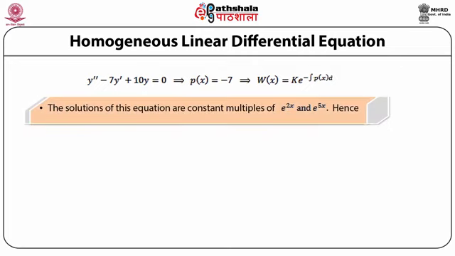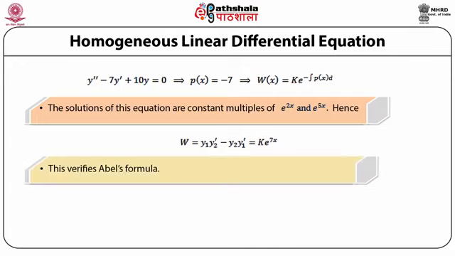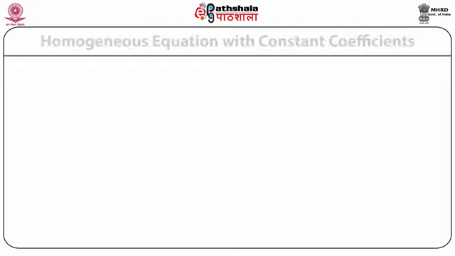The solutions of this equation are constant multiples of e raised to the power 2x and e raised to the power 5x. Hence, W is equal to y1 y2 prime minus y2 y1 prime, which is equal to k times e raised to the power 7x. This verifies Abel's formula.